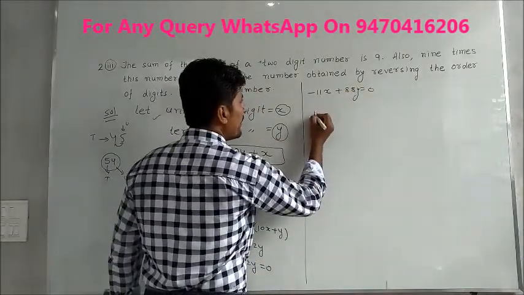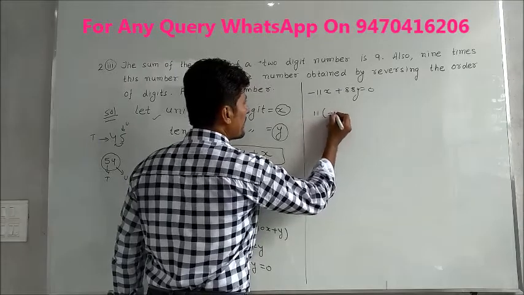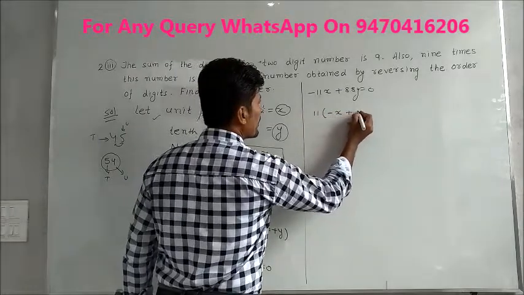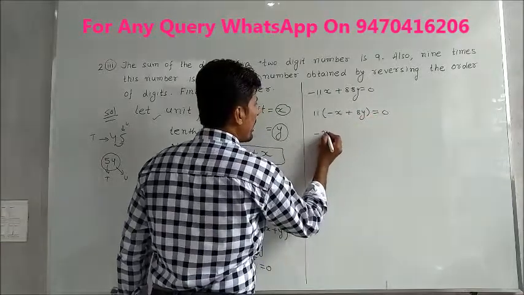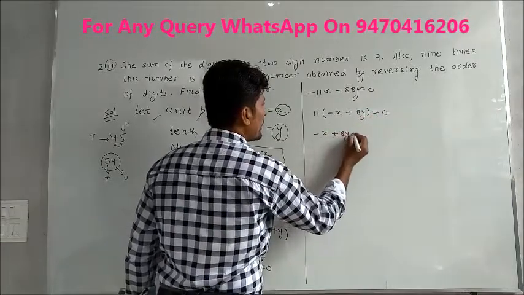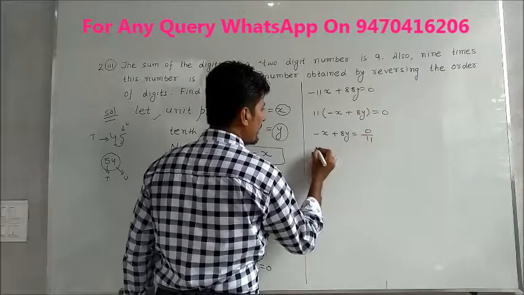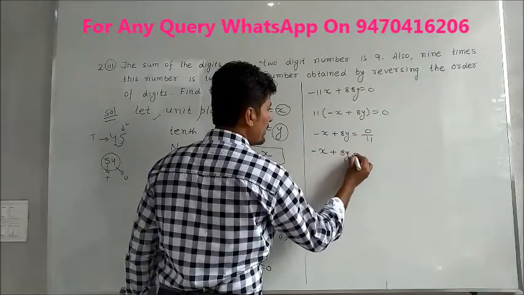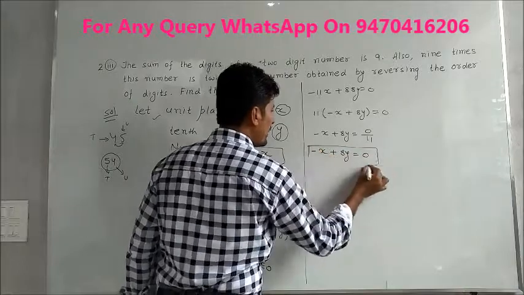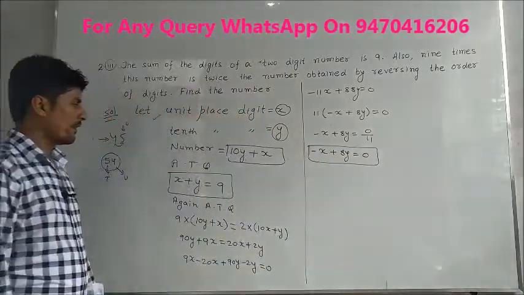Now we can take 11 as a common factor. We can write minus x plus 8y equals 0 upon 11. Finally, minus x plus 8y equals 0. So this is our second equation.